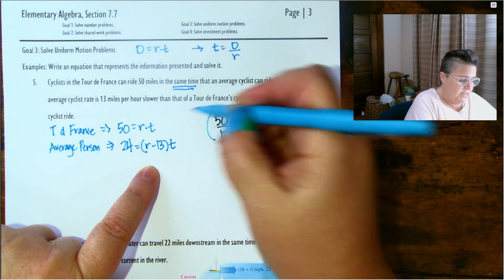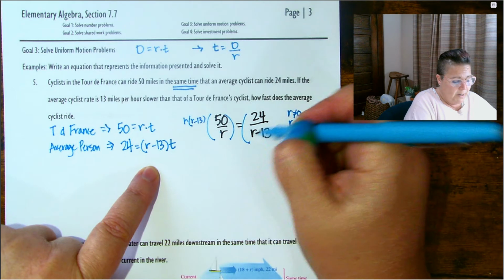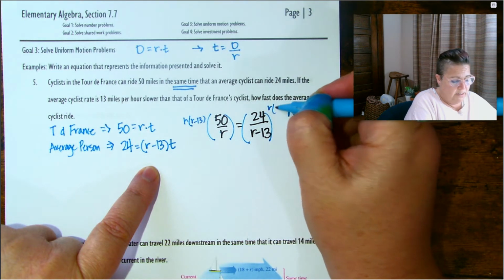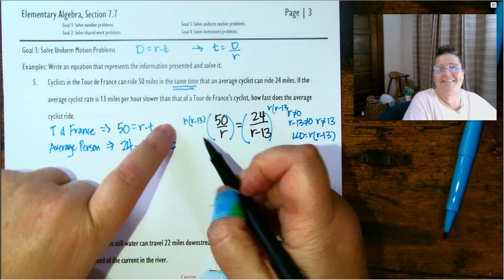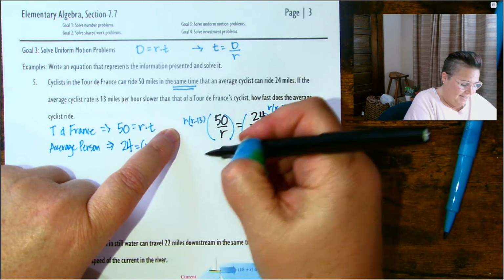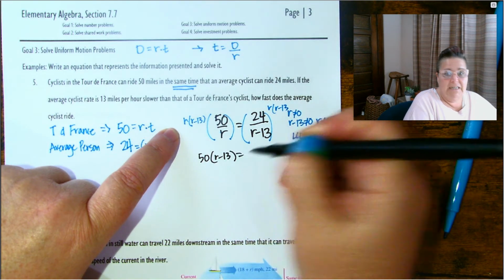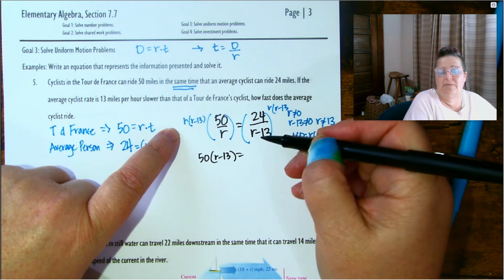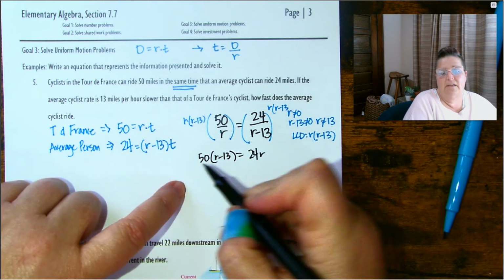So on the left side, I'm going to multiply by R minus 13. On the right side, I'm going to multiply by R times R minus 13. Okay, so on the left side, it's going to give me a 50, R minus 13. And on the right side, it's the R minus 13 that cancels, and I'll have 24R.